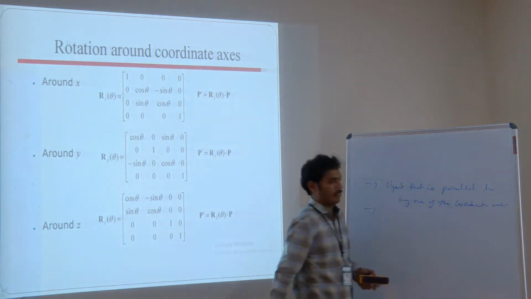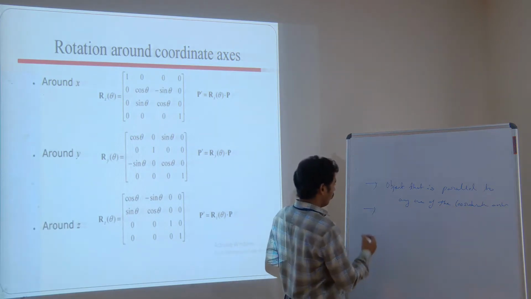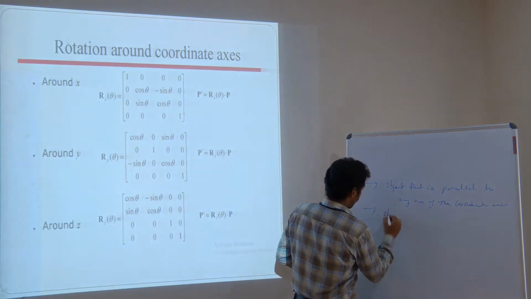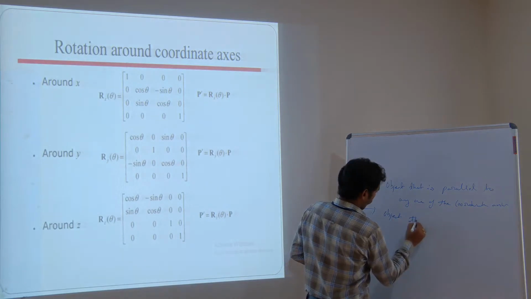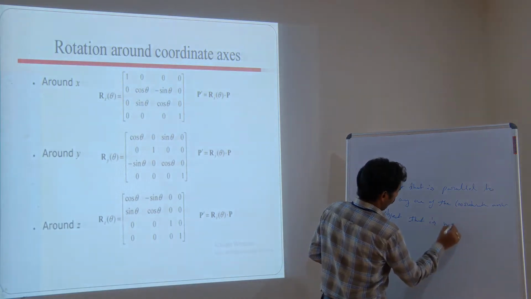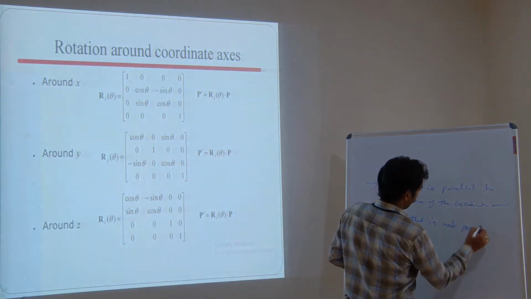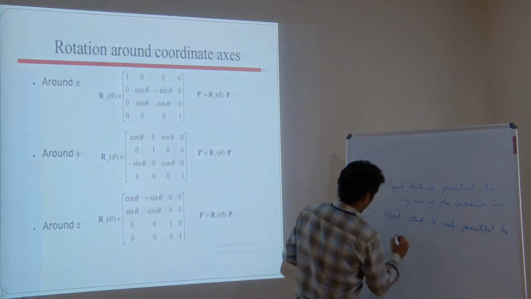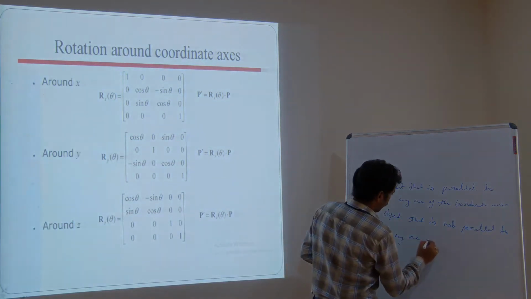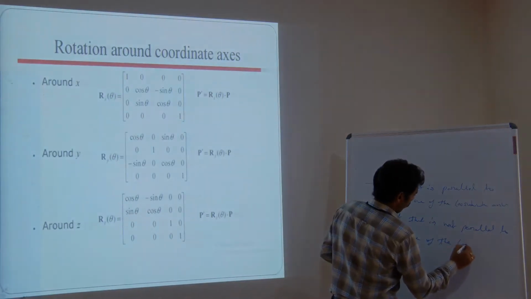This is the first method. The next method: an object that is not parallel to any one of the coordinate axes.